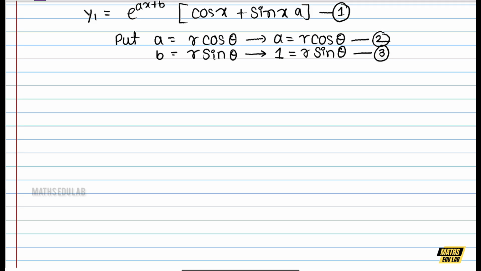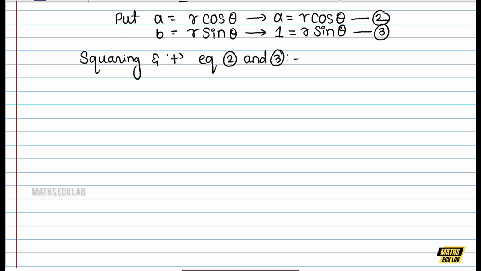The same steps, squaring and adding equations 2 and 3. So directly I'm solving this one. Squaring the second equation, a square equals r square cos square theta, and for the third, 1 square equals r square sin square theta.